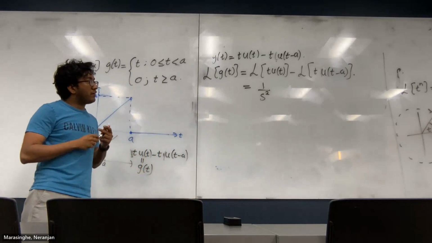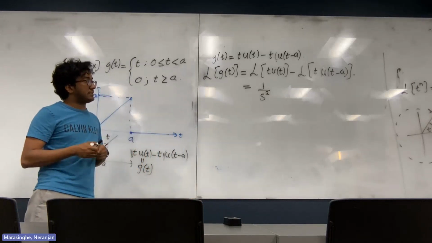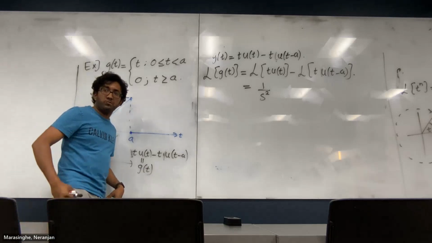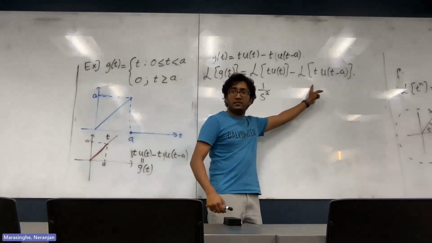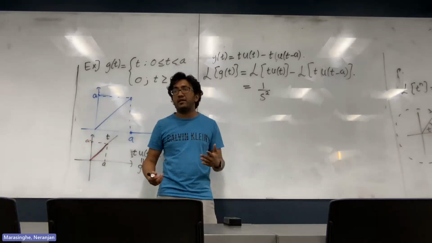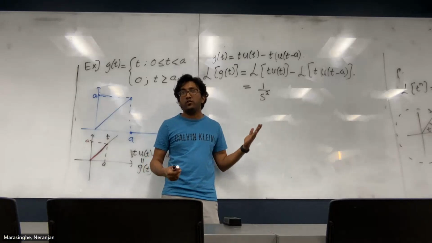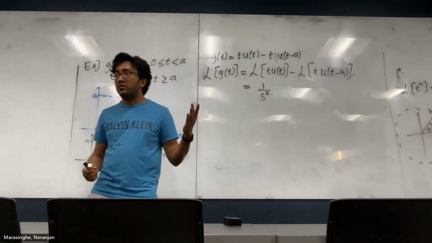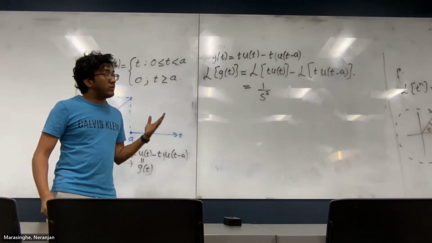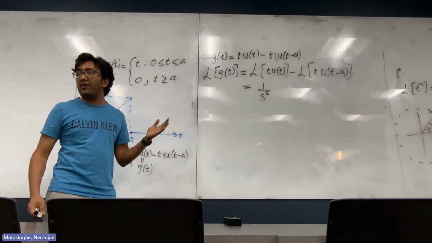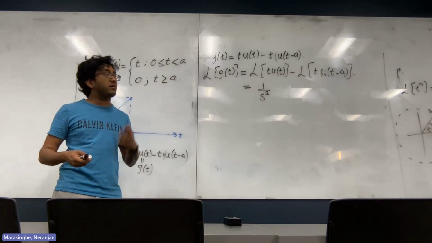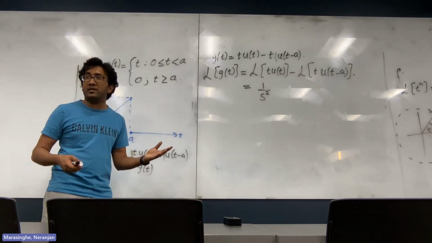Now, what can we say about this second piece? Can we apply second translation theorem directly into that function? You need t minus a. If you have t minus a, then you're fine. But the problem is we don't have t minus a.